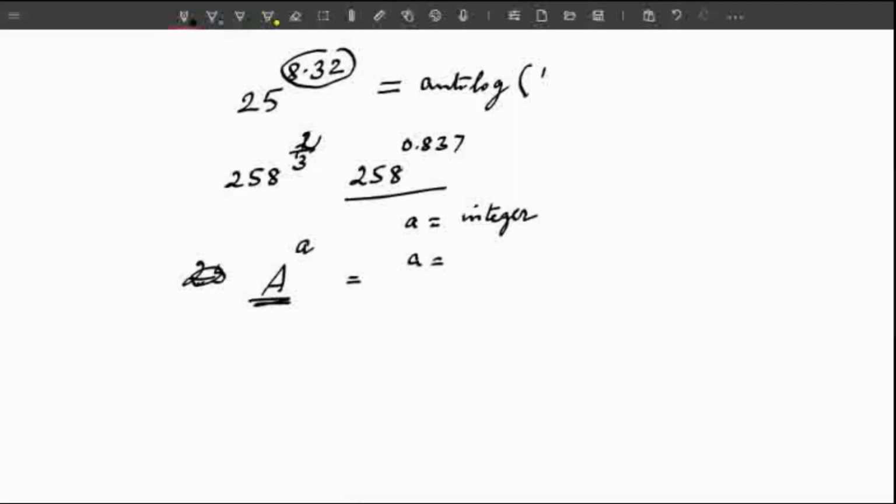Or A may be an integer plus decimal, like 8.32, or 4.63. Or it may be decimal only.